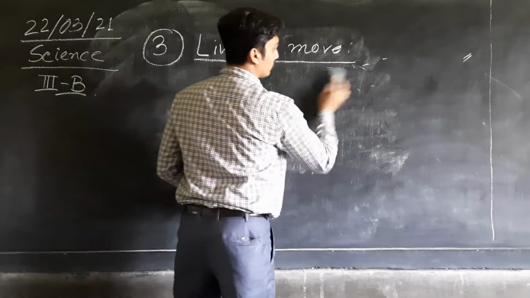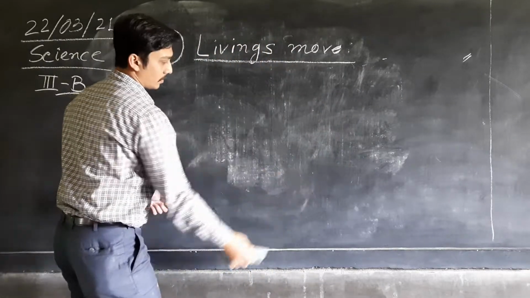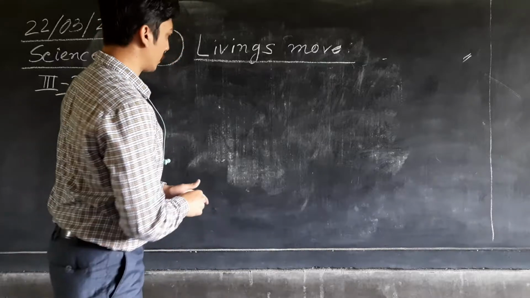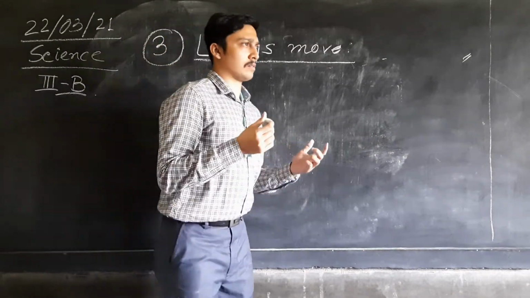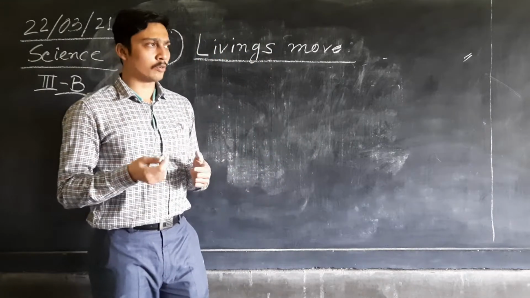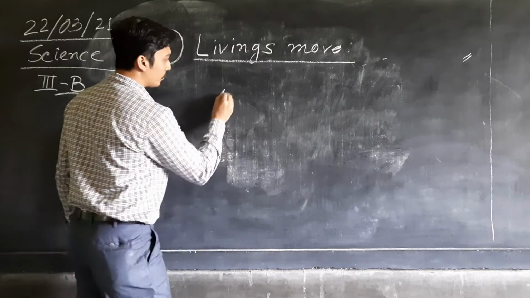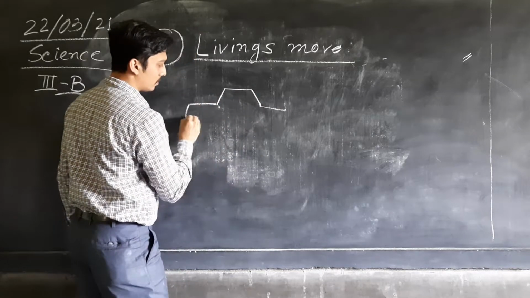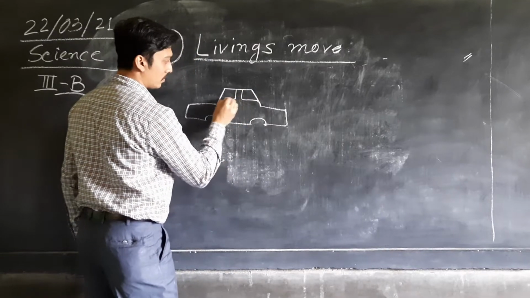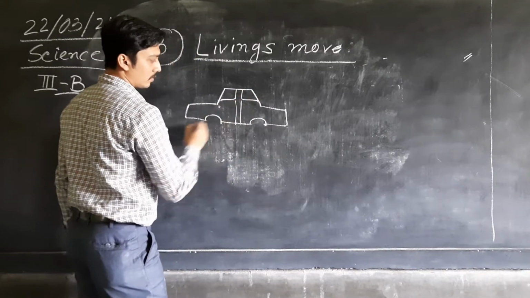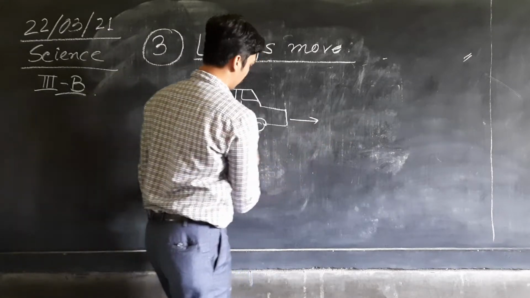We see many cars, motorbikes, motor vehicles, and other vehicles. They move from one place to another place.